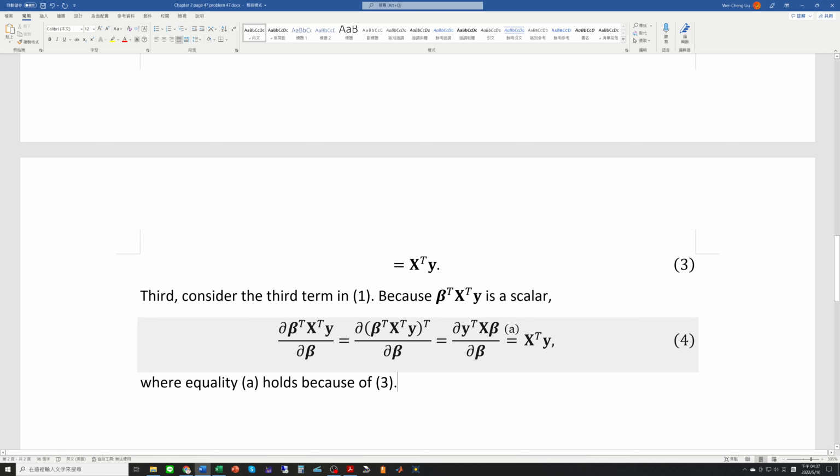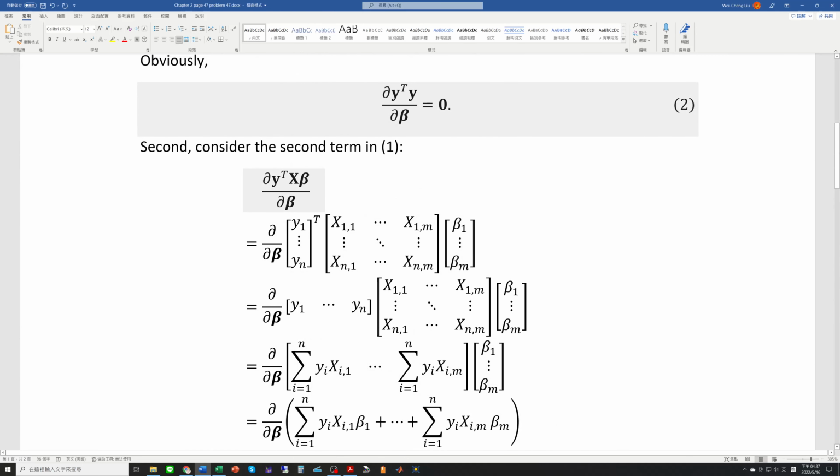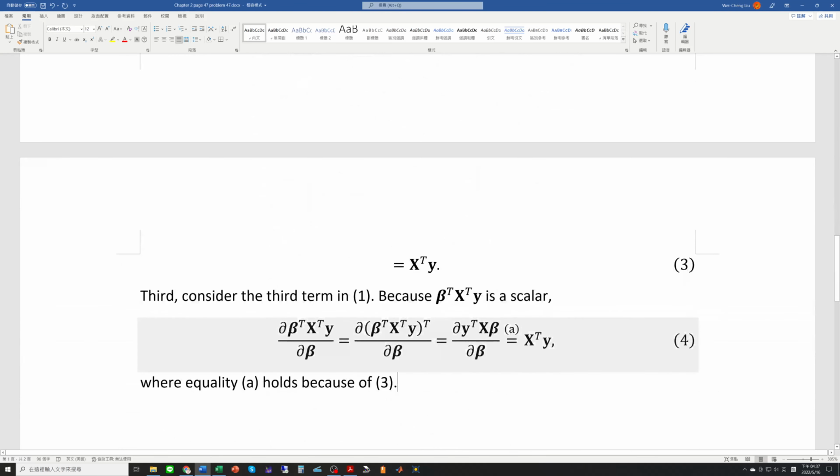Because the partial derivative of Y transpose X beta over partial beta is equal to the second term in equation 1. So it is equal to X transpose Y, because of equation 3.